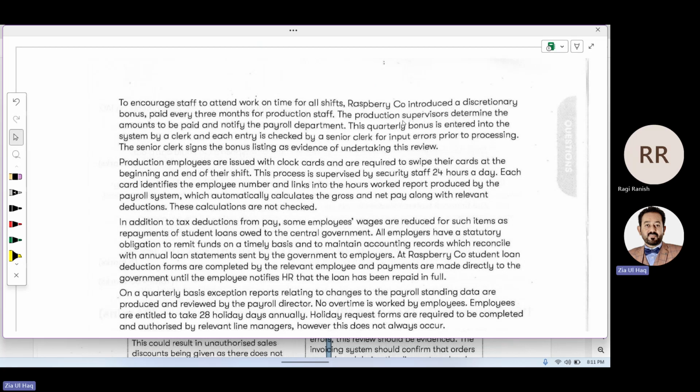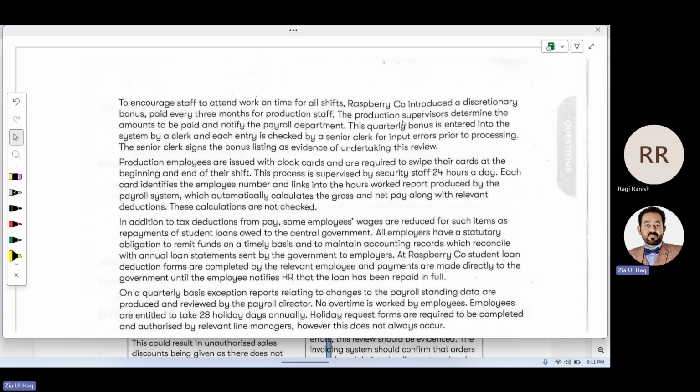The production supervisor determines the amount to be paid and notifies the payroll department. If any employee has performed better, he will inform the payroll department that this person has performed better and is eligible for a bonus. Every 3 months means there are 4 quarters in a year.